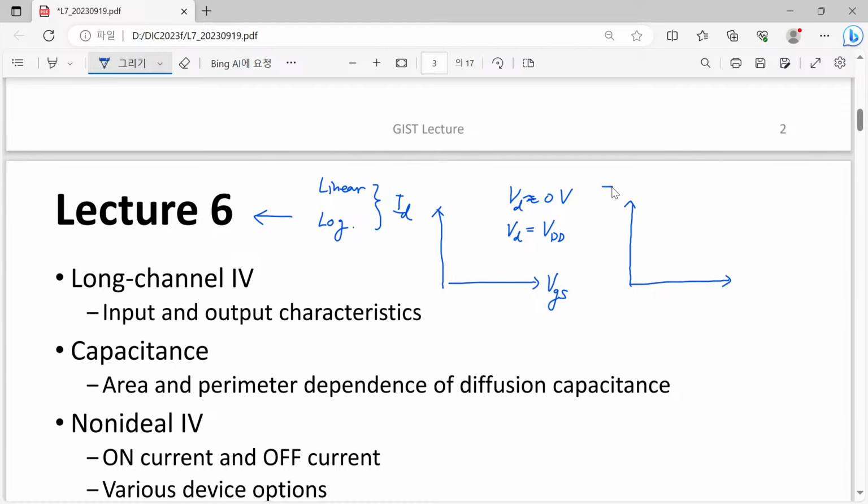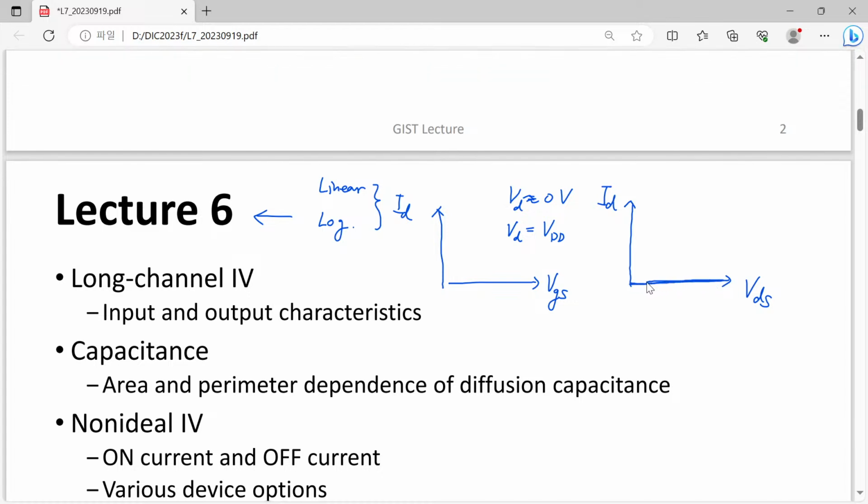In this case, still ID is drawn, but the x-axis is not input voltage, but output voltage VDS is used. Of course, when we have very low gate bias, then current will not flow. So this is for the low VGS case.